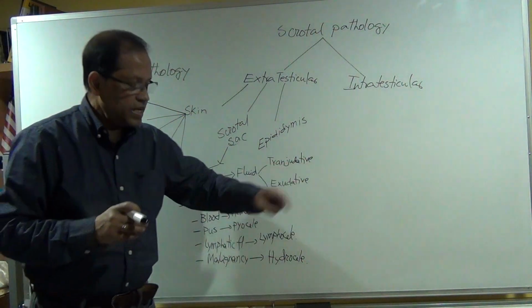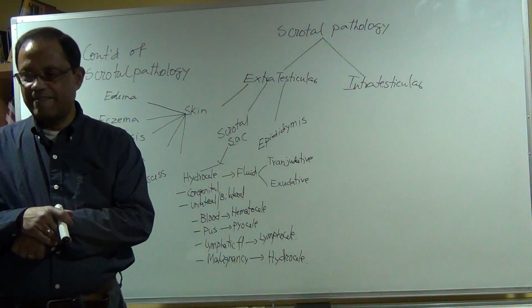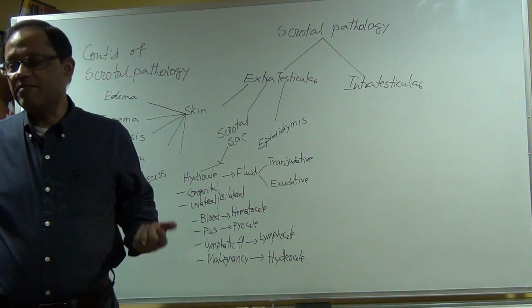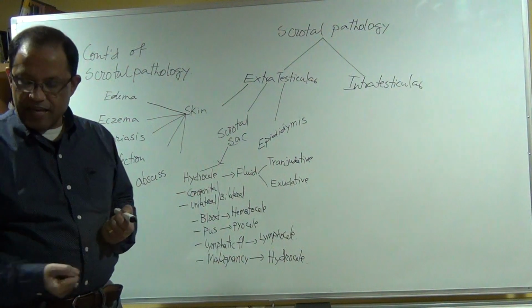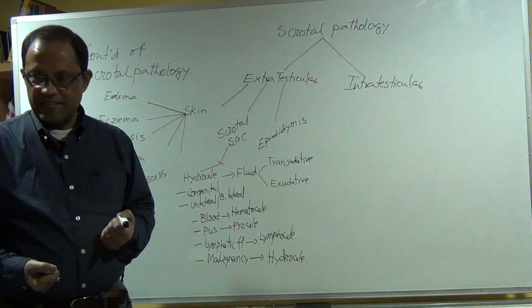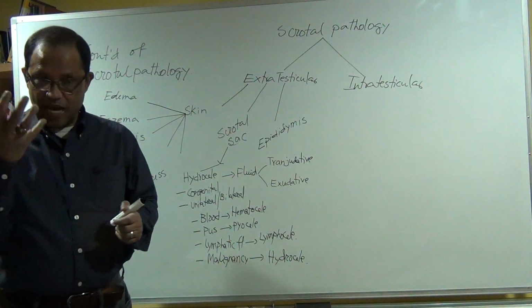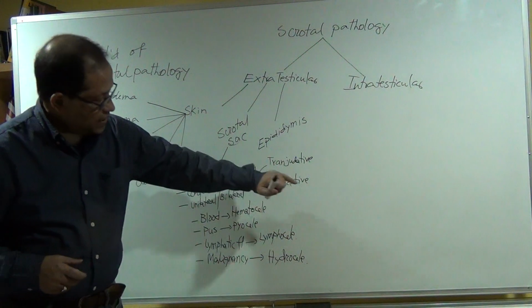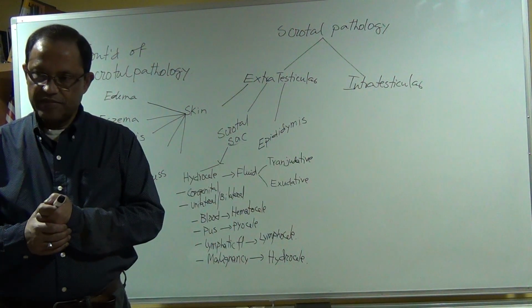Now what is transudative? Non-infectious. Exudative means with infection. Example, orchitis, epididymitis. When there is an infection, there is a collection of fluid, that is called exudative. But other than that, those are known as transudative.